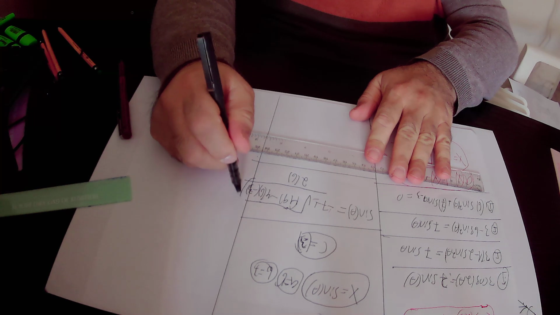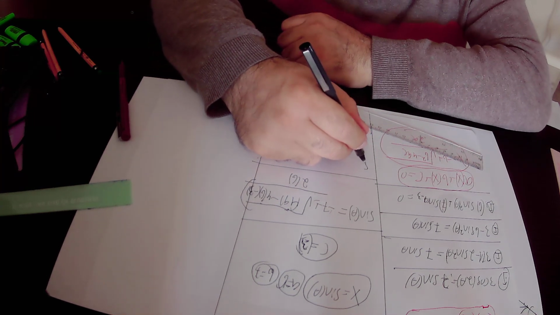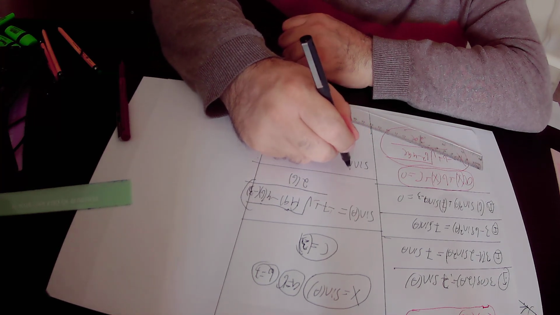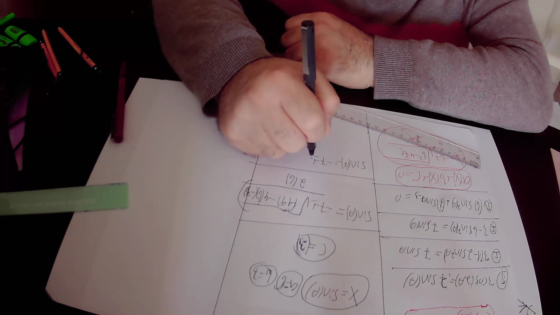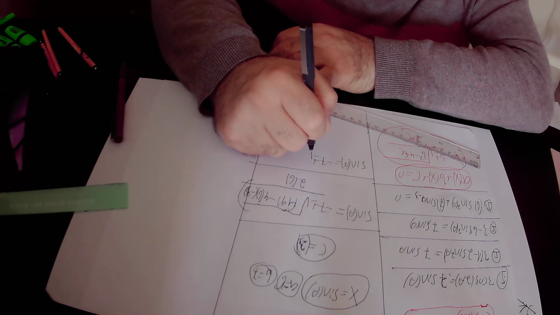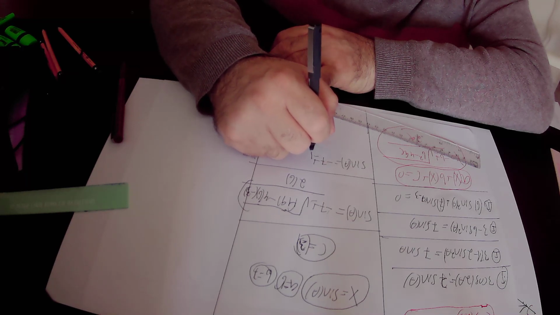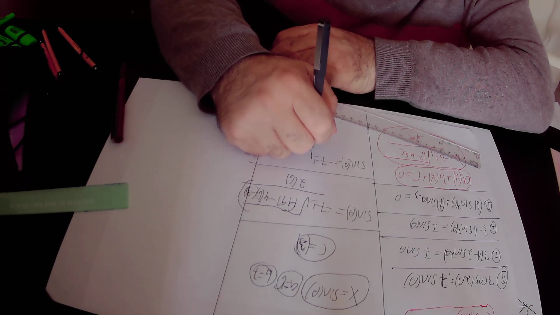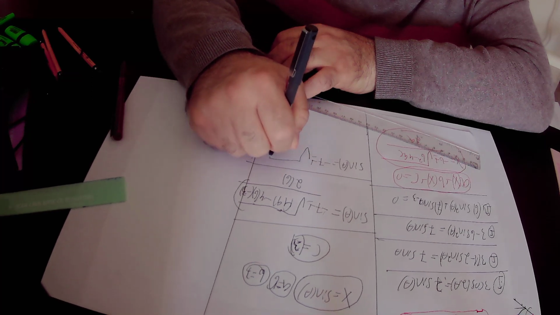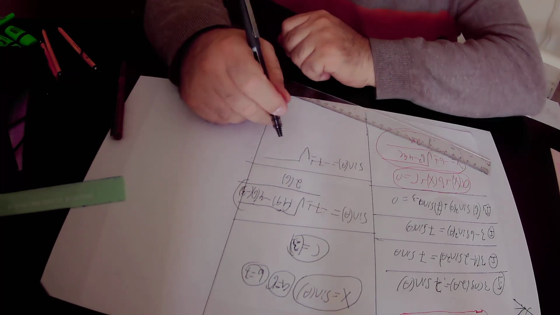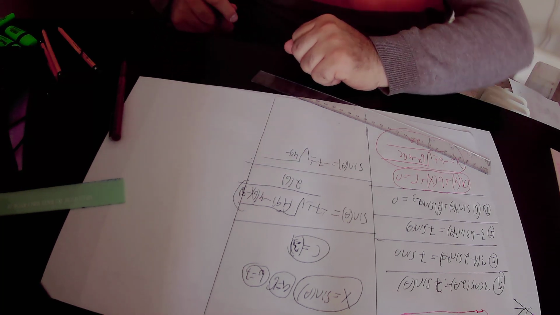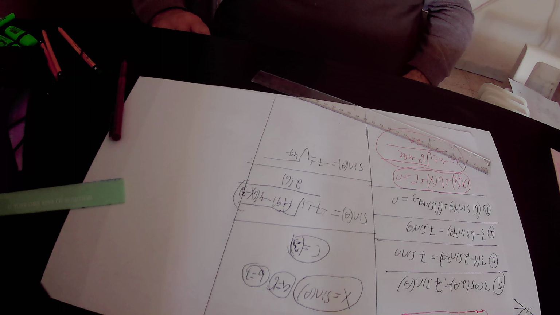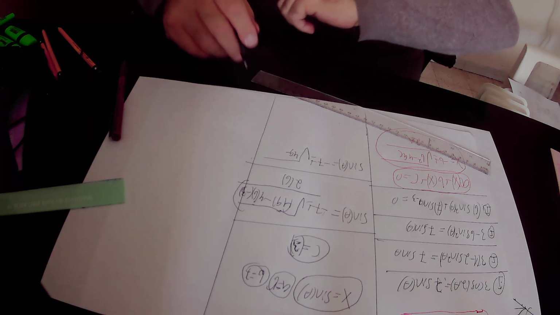So in conclusion, sin theta equals minus 7 plus minus square root of 49 minus 4 times 6, which is minus 24, and minus 24 times minus 3 is 72.